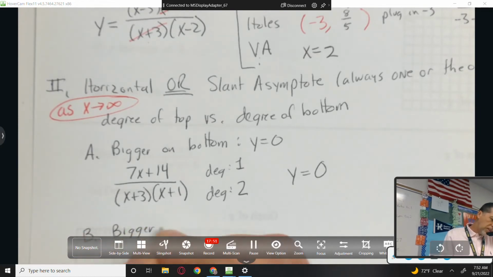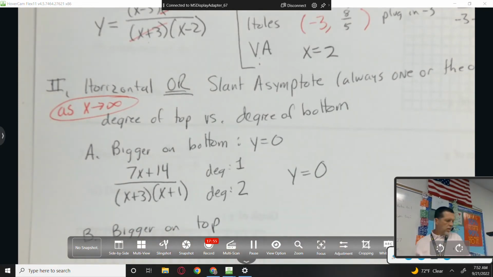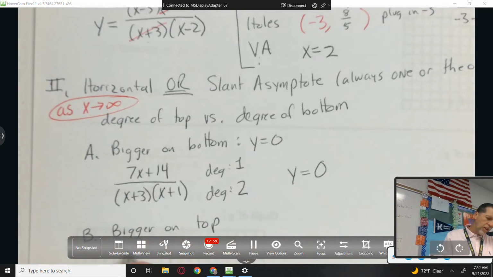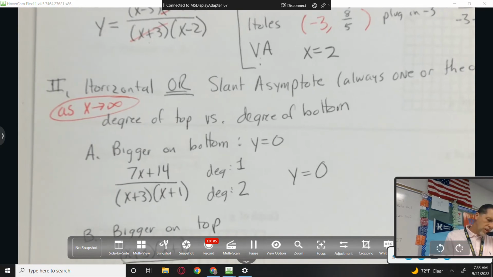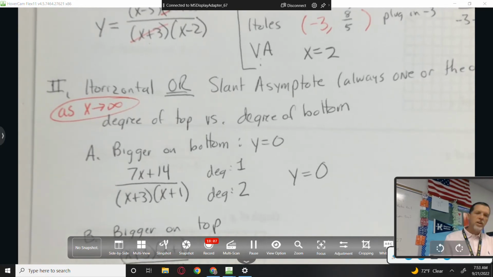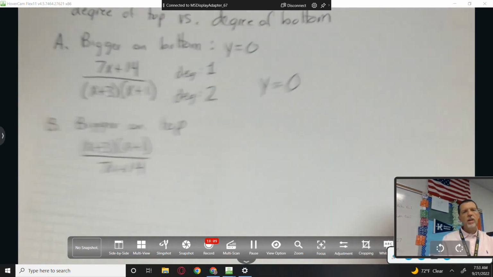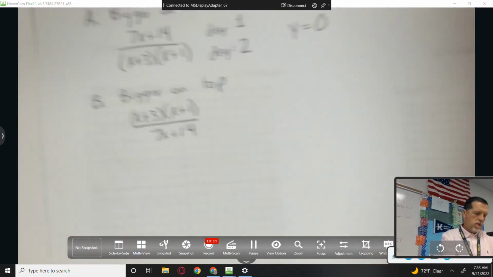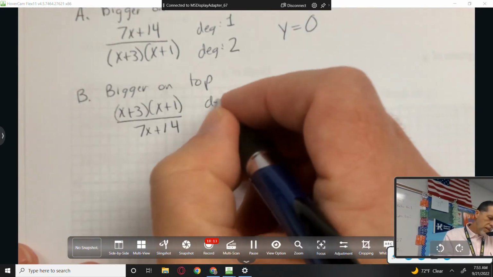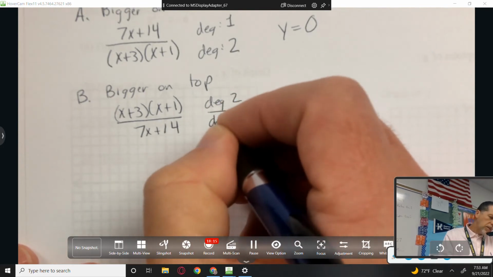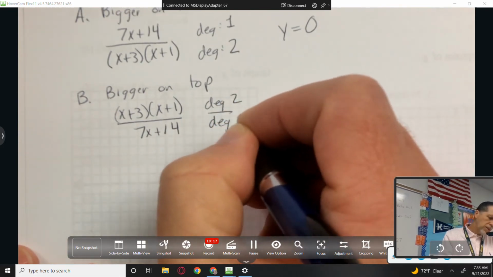Well, the opposite case would be bigger on top. So let's just reverse the example that we just did. (x + 3)(x + 1) over 7x + 14. The top is degree 2. The bottom is degree 1.